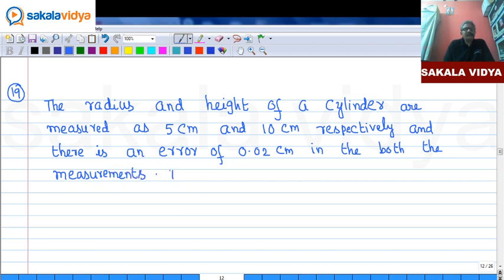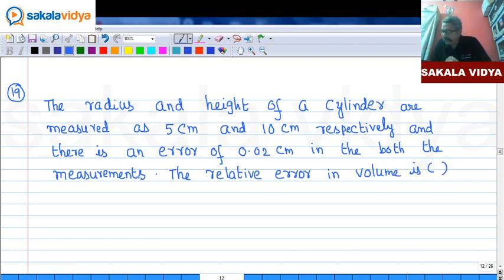The relative error in volume is. The question is very lengthy, but answer is very simple. The radius and height of a cylinder are measured as 5 centimeters and 10 centimeters respectively, and there is an error of 0.02 centimeters in both the measurements. Then relative error in volume we need to find out.